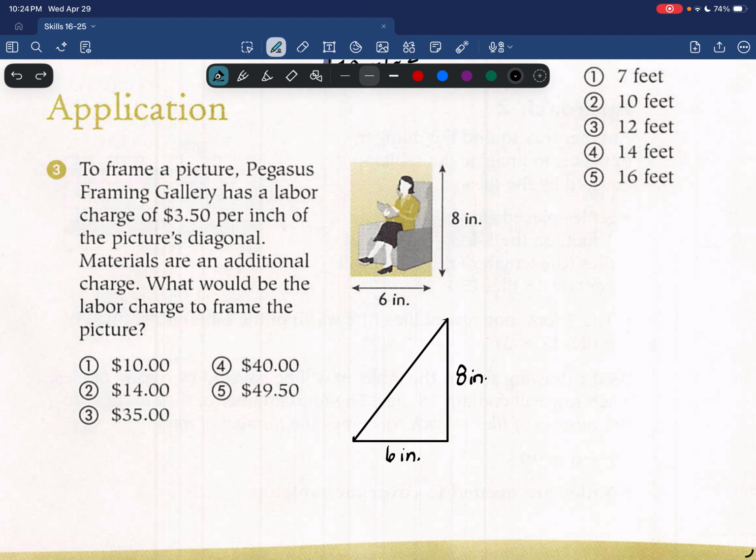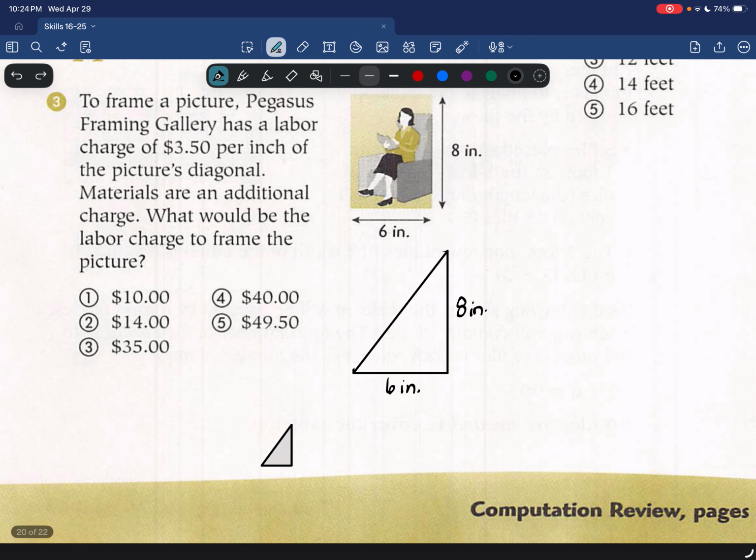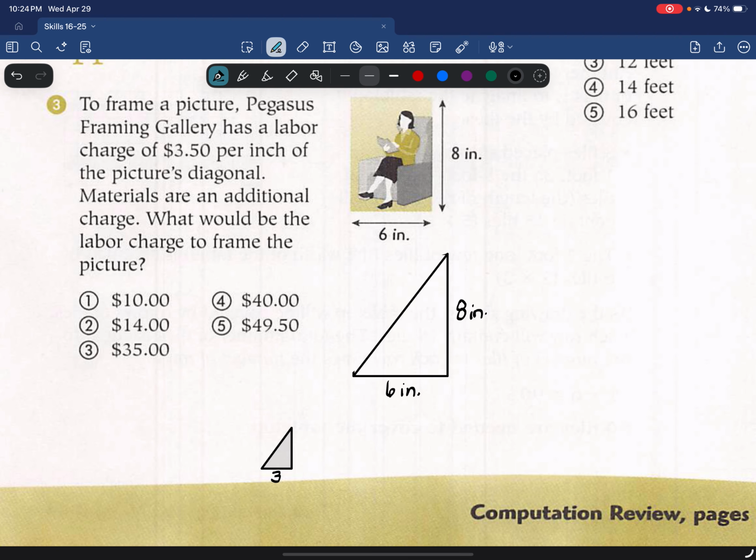The hypotenuse is what we're looking for. Well, 3 times 2 is 6, and 4 times 2 is 8. So 5 times 2 is 10 inches.